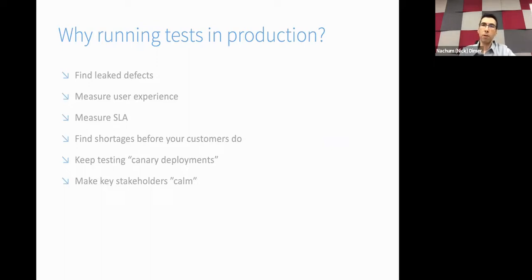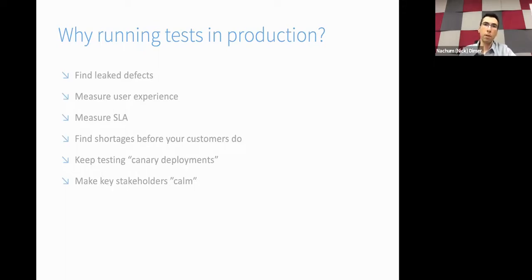Of course, we mostly would like to run UI tests, but we also might like to run API tests, which might be highly effective. As you probably know already, in test automation, UI tests tend to be flaky and less stable, and API tests are super stable. So combining both, running both API and UI tests in production, can bring you a great benefit and balance between stability and coverage.